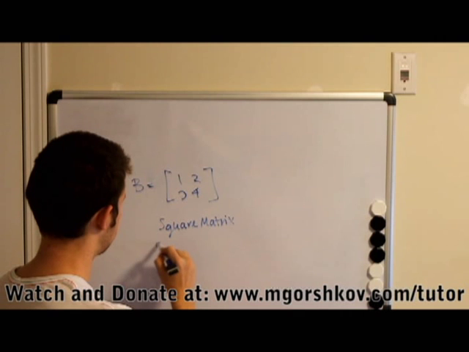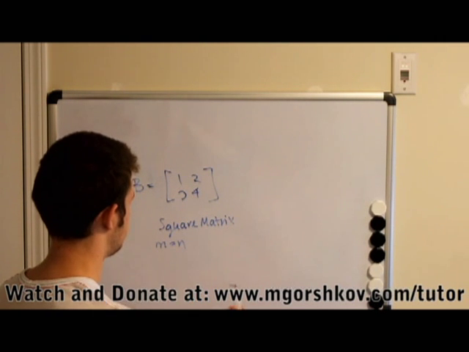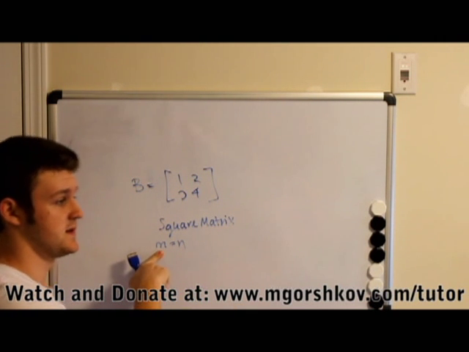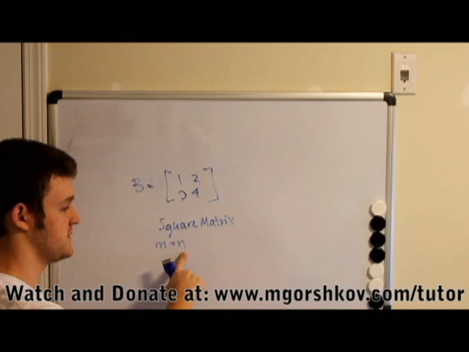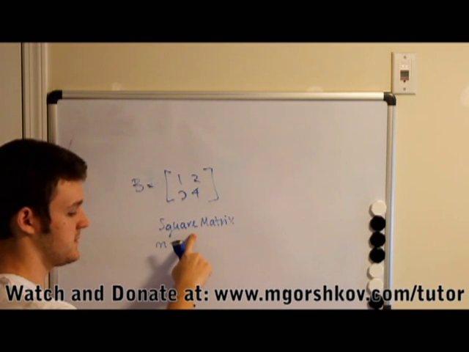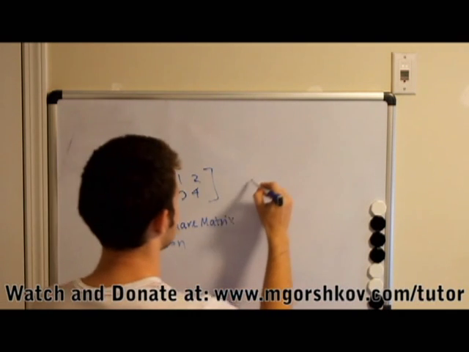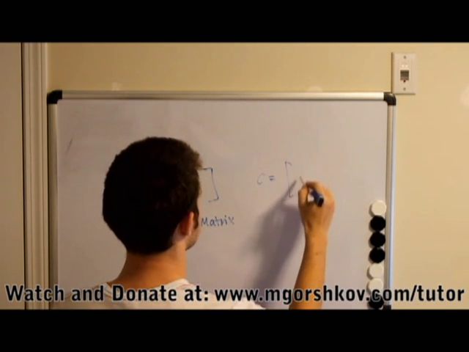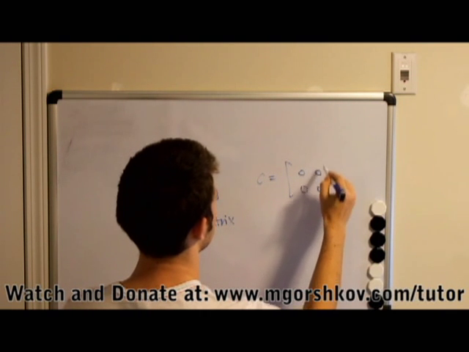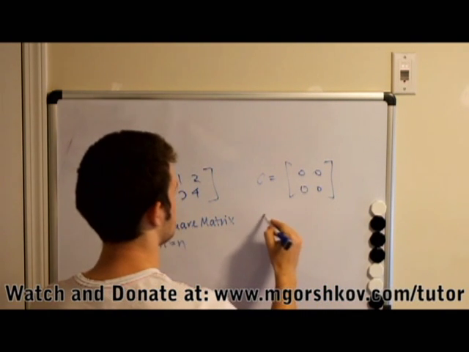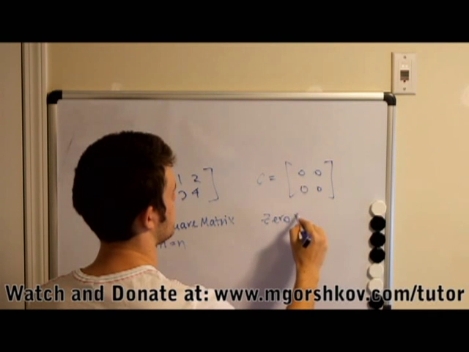So basically, when m is equal to n, and you know that m is the number of rows and n is the number of columns, it's called the square matrix. When all the elements inside the matrix are 0, then we call it a zero matrix.